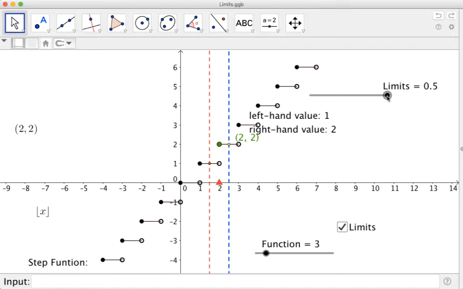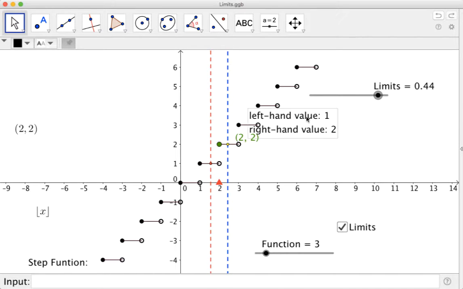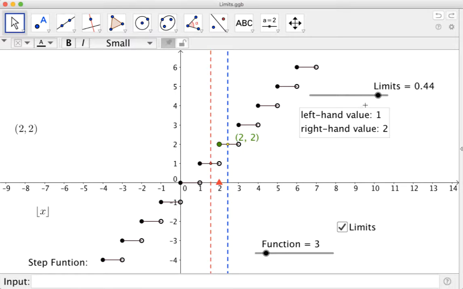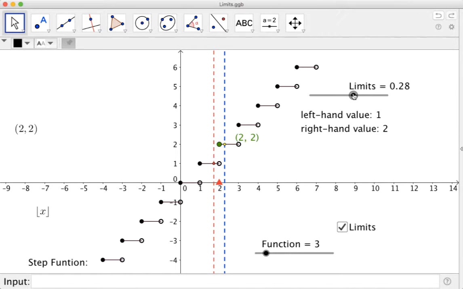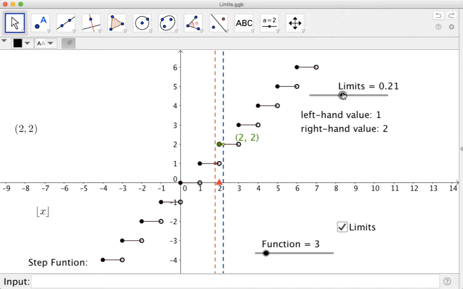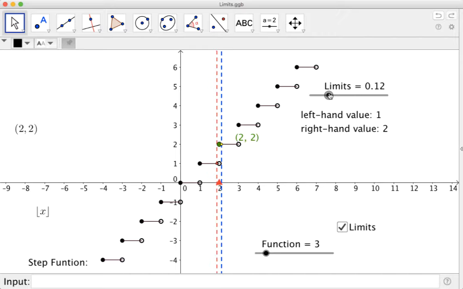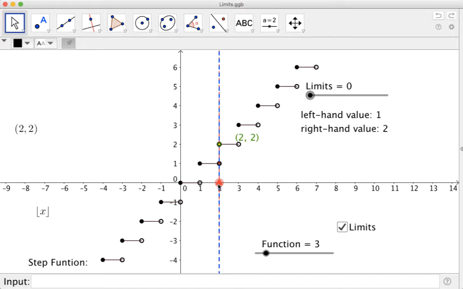So as x approaches 2 from the left and the right hand side, we can see that the left and right hand limits are staying the same. The left hand limit is staying positive 1 and the right hand limit staying positive 2. And that's going to remain true. And so this function has no limit at x is equal to 2 because the left and the right hand limits are not the same.